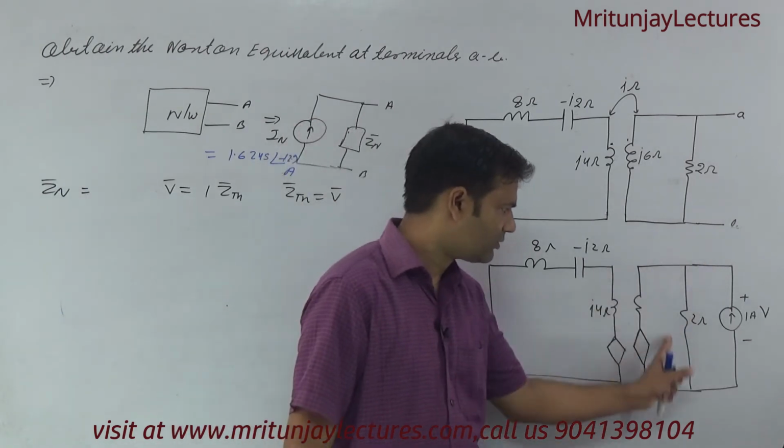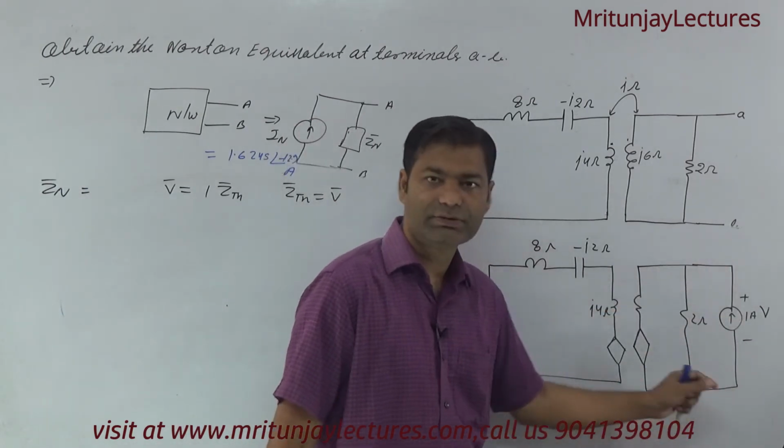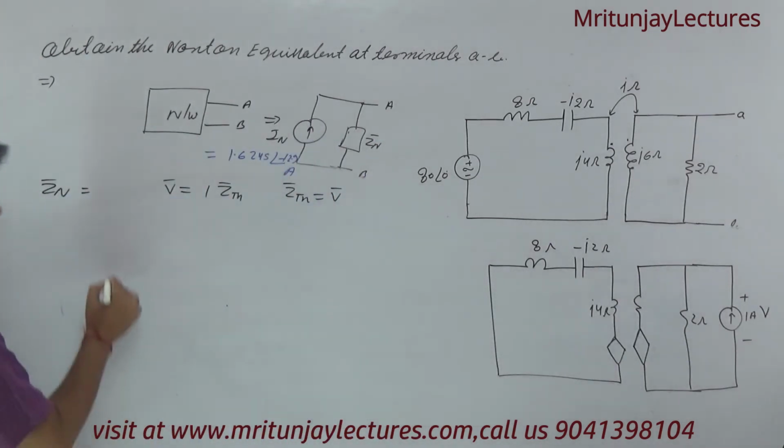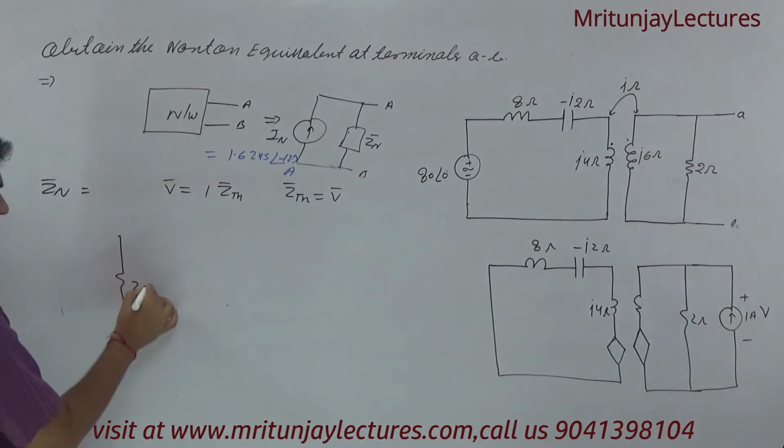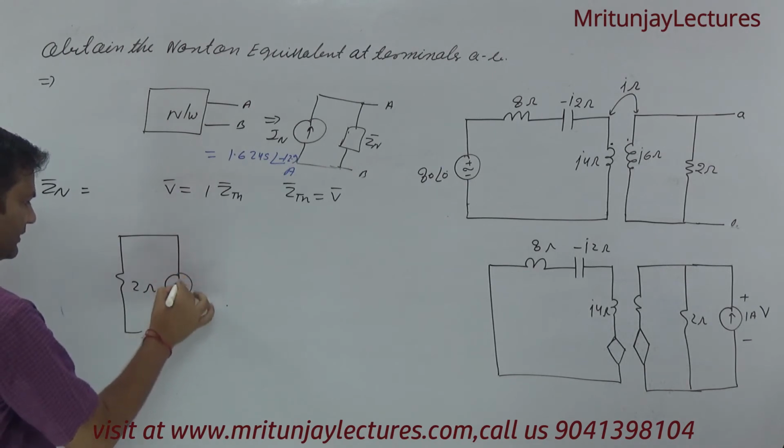Now this one is a current source, 2 ohm, and that is 1 ampere.